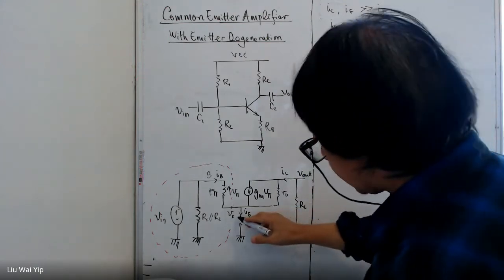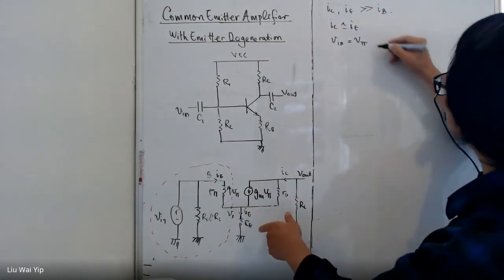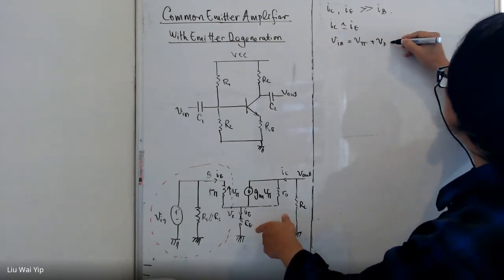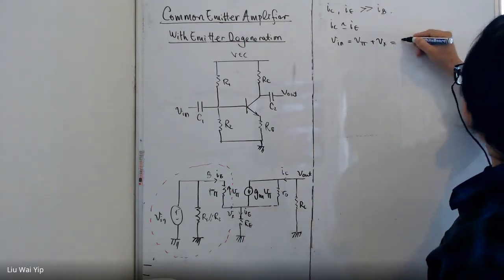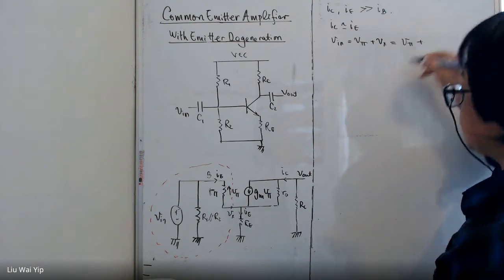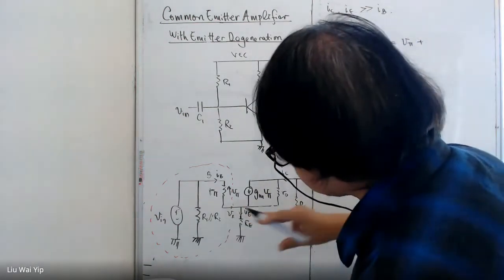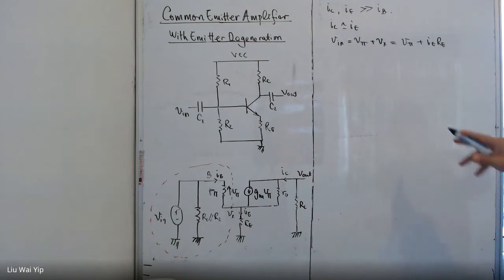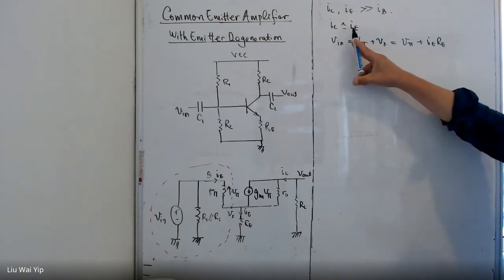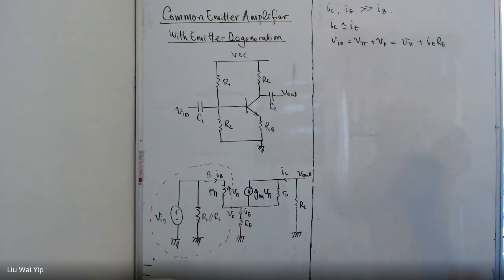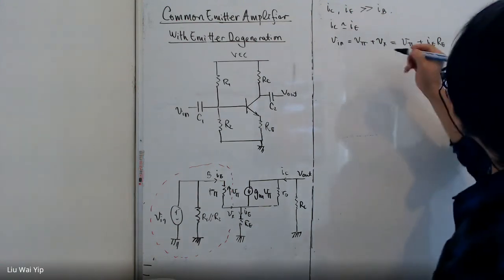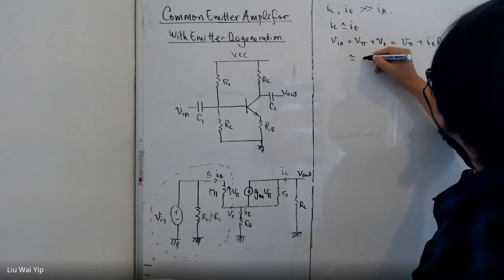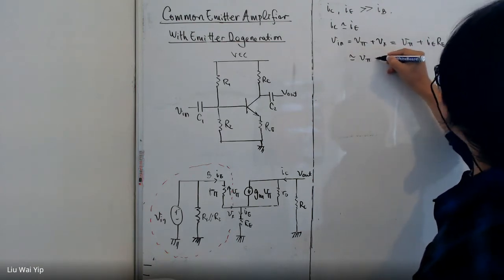And what is Vx? Vx, according to here, is IE times RE. And because of the fact that IE is almost the same as IC, we can say this.